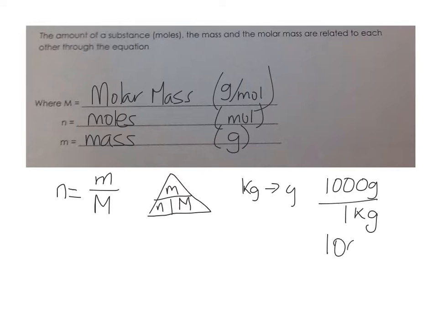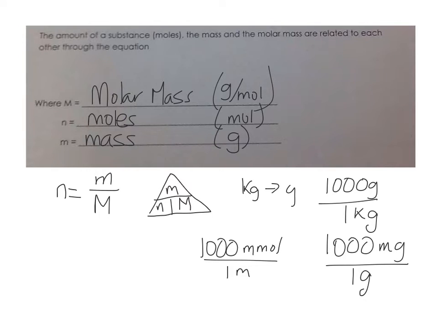There's 1,000 milligrams in 1 gram. There's 1,000 millimoles in 1 mole. So it just means it's been divided by 1,000. We're going to be using these, so you're expected to know these ratios, okay?